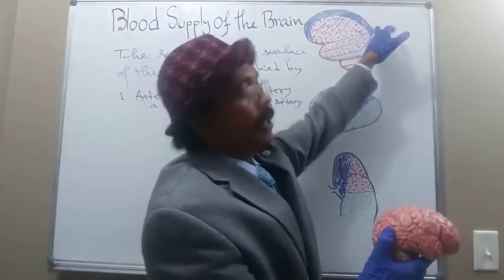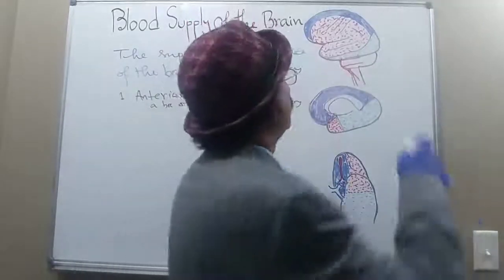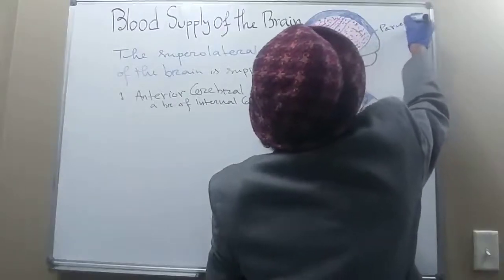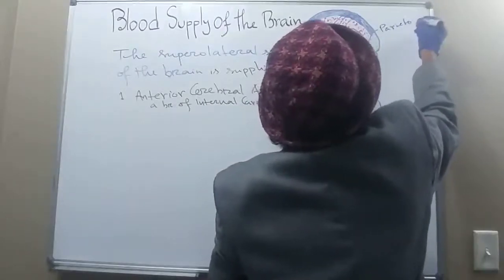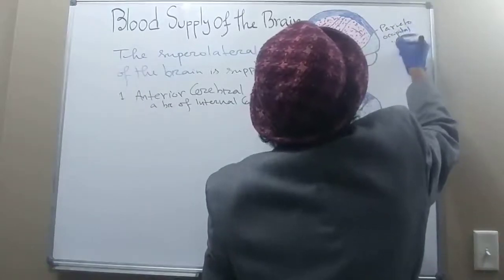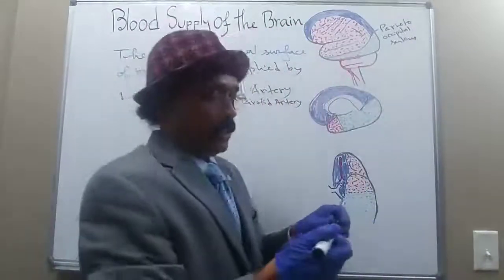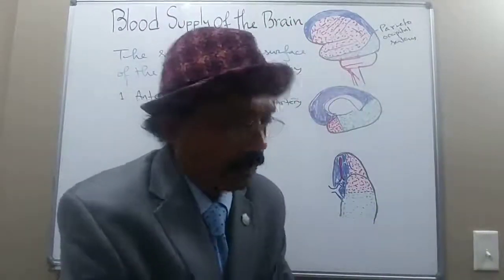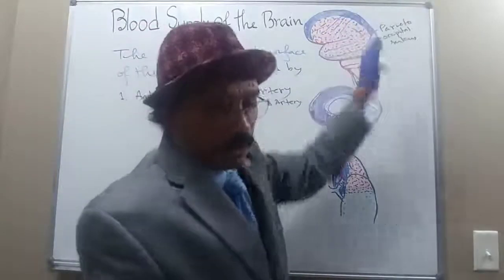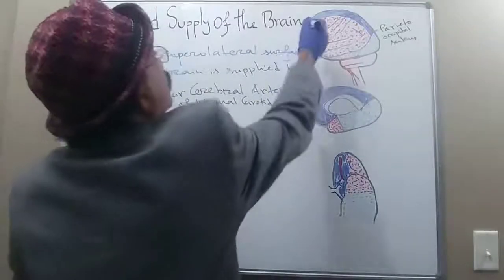Here we get the parieto-occipital sulcus. So this area on the superolateral surface is supplied by the anterior cerebral artery.